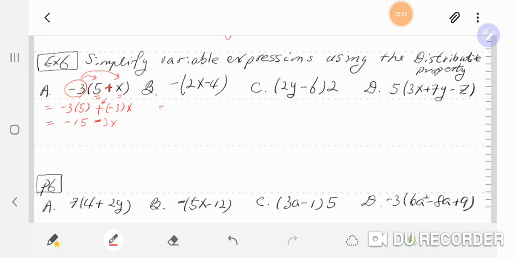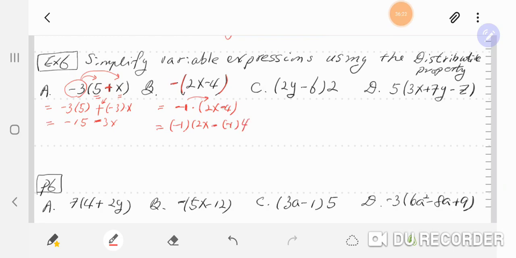Okay, the next one is, here's 2x and negative 4. So parenthesis multiplied by negative. That means, okay, negative means negative 1, right? This is negative 1 times 2x minus 4. So you can multiply 2x by negative 1, right? Negative 1 times 2x. And then minus sign stays, negative 1 times 4.